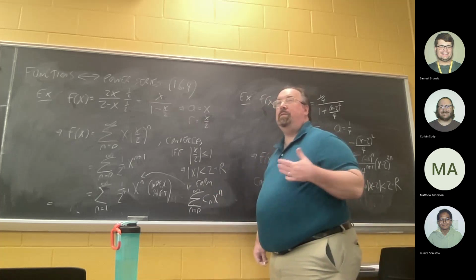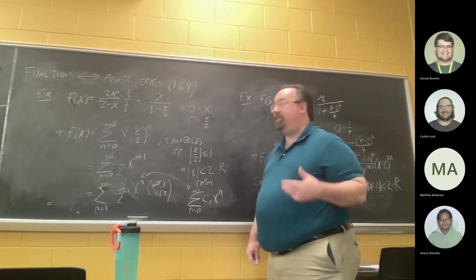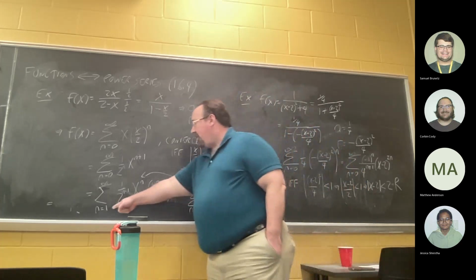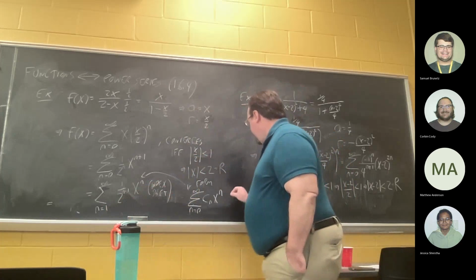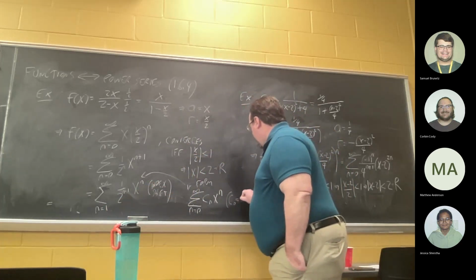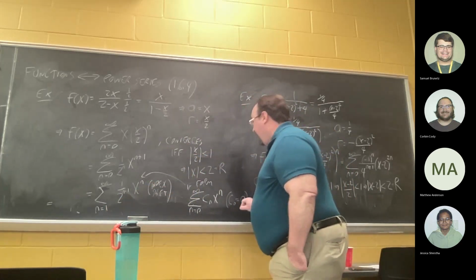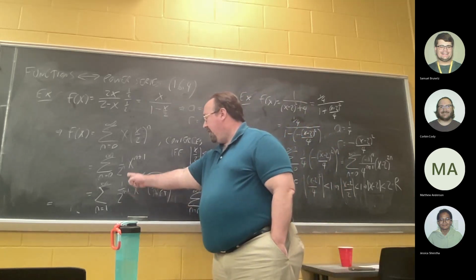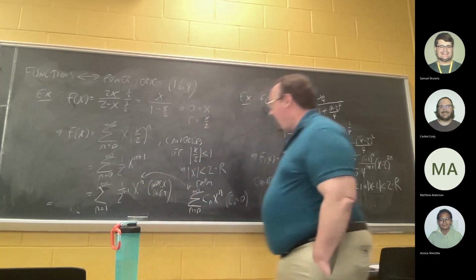They may have you compute a few of them, like what is C3, C4, C5. So in this case, because we start at n equals 1, C0 would be 0. And then C1 would be 1, C2 would be 1/2, and so on.